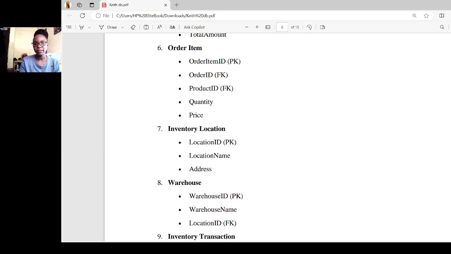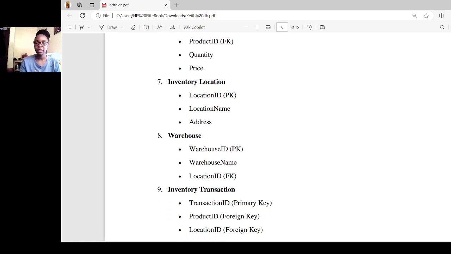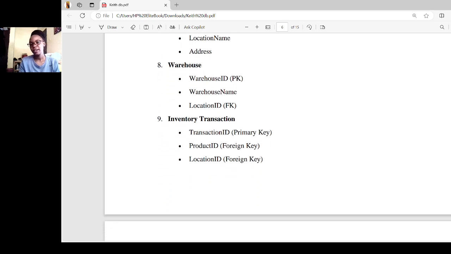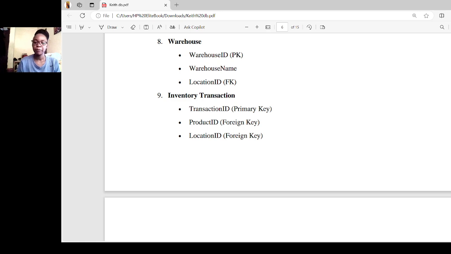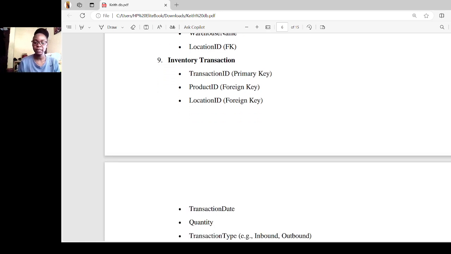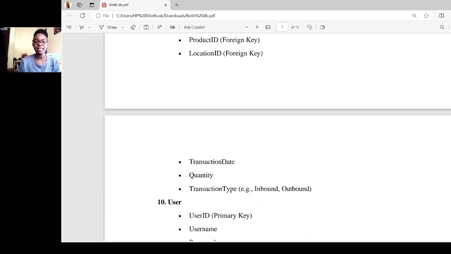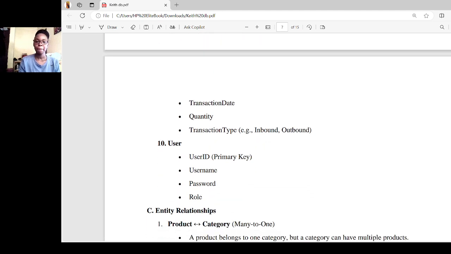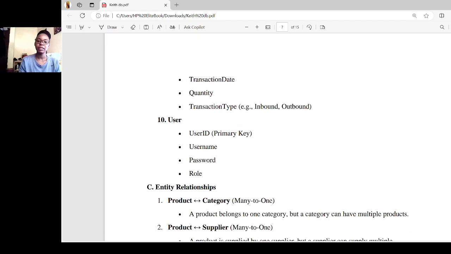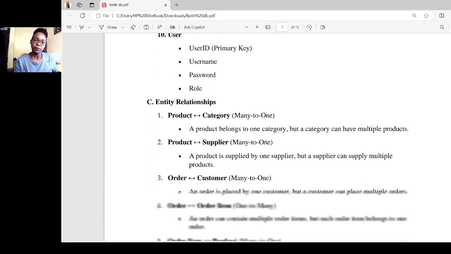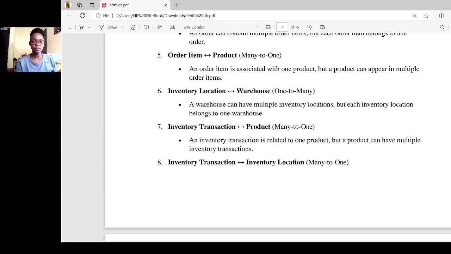So primary keys, each of my entities has a primary key, and a primary key is an attribute that uniquely identifies an entity in a table. So these are some relationships.